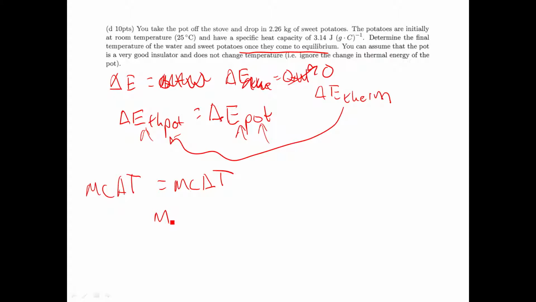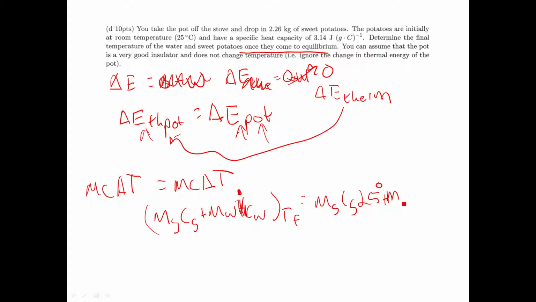So we have the mass of our sweet potatoes times the specific heat of the sweet potatoes, plus the mass of the water times the heat capacity of the water, times the final temperature, is equal to the same thing, plus the mass of the water, heat capacity of the water times 100 degrees, which is the initial temperature of the water.